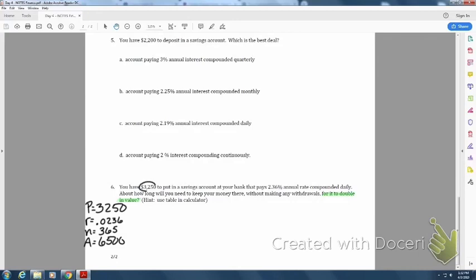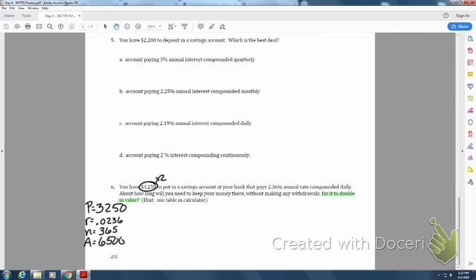So you would take 3,250, multiply that by 2, and that's how you would get 6,500. So what information do I not have? You don't have the time.